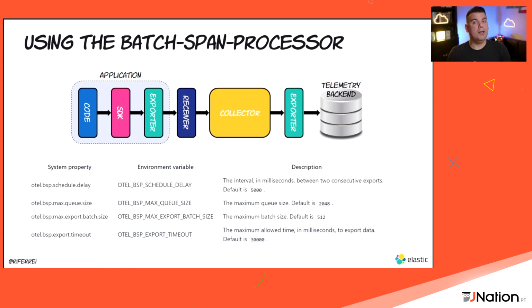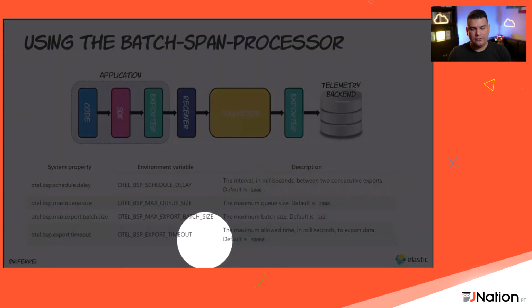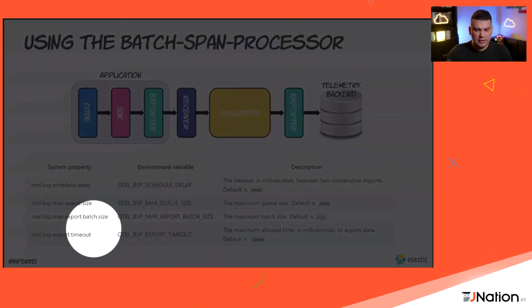I would highly recommend you prefer using the batch span processor, because the simple span processor, for every span created, makes a network call to transmit that span to the backend. Not very efficient. What you can do is use the batch span processor, or BSP as we call it. The batch span processor gives you ways to configure it, and this setting is what I consider a little hidden because it's not so trivial.